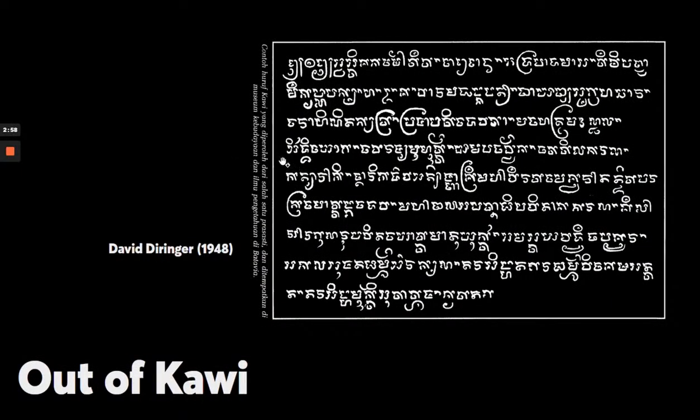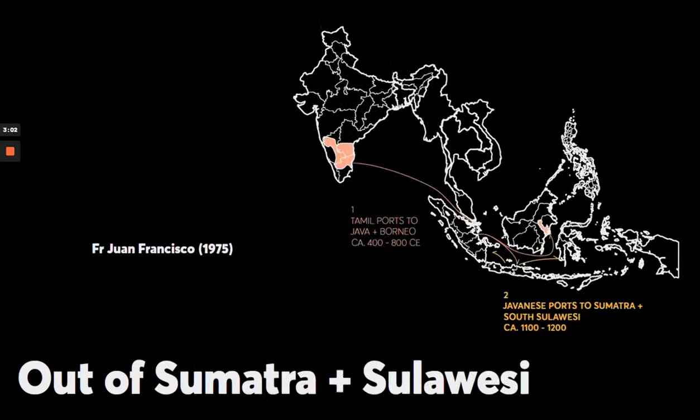One of the first ones is out of Kawi. Then another would be out of Sumatra and Sulawesi. Later, you will get to see the evidence of the relatedness.